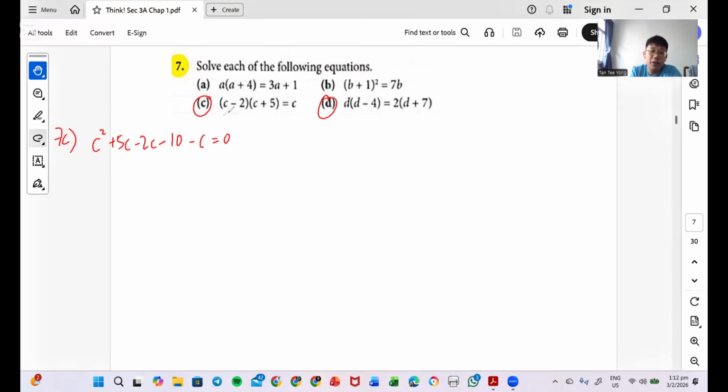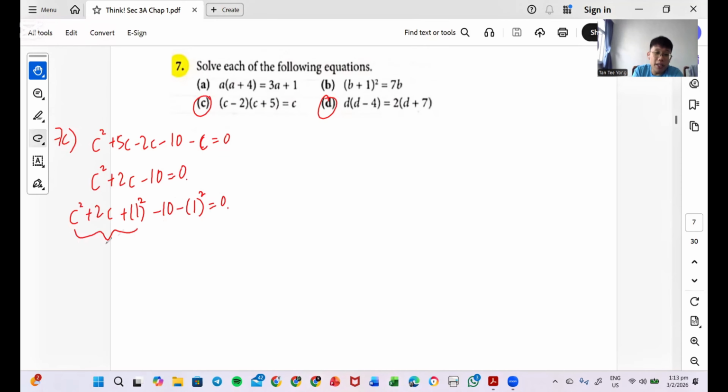So you expand out, you have c square plus 5c minus 2c minus 10, then you bring the c to the left, so minus c, equals 0. So c square plus 2c minus 10 equals 0. Then now do completing the square. So c square plus 2c plus 1 square, minus 10 minus 1 square equals 0.